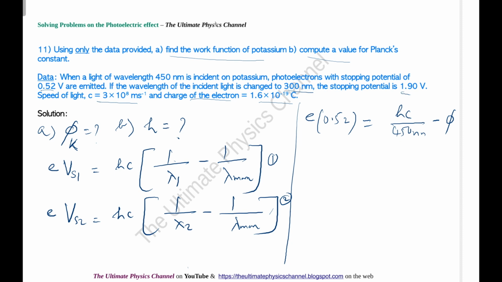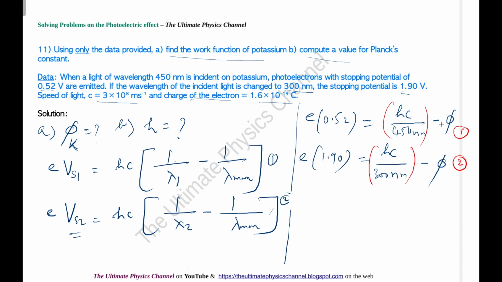Let's call this equation 1. We just substituted numbers there. Then we have E times 1.90, that is for Vs2, equal to hc over 300 nanometers minus 5 again. The 5 remains the same for the given case, that is potassium.